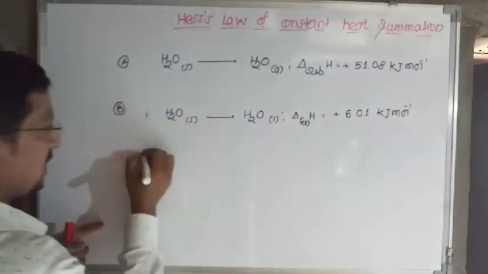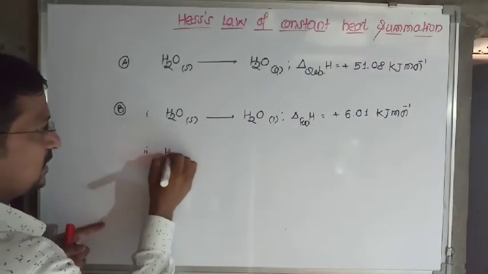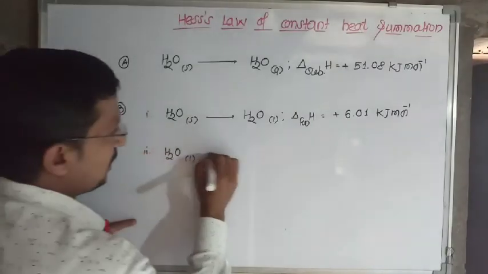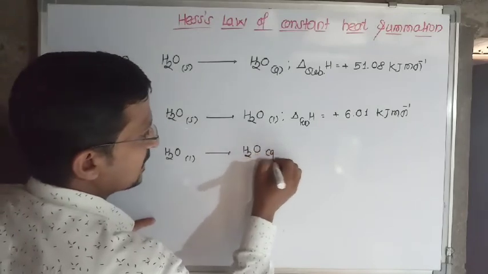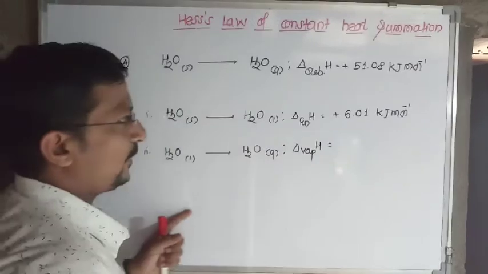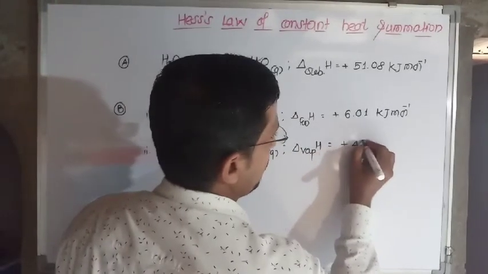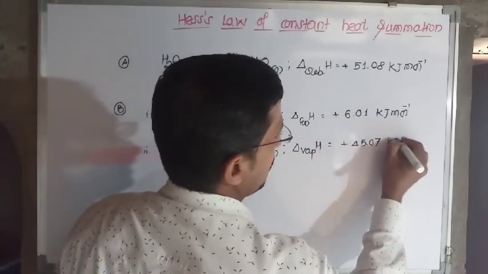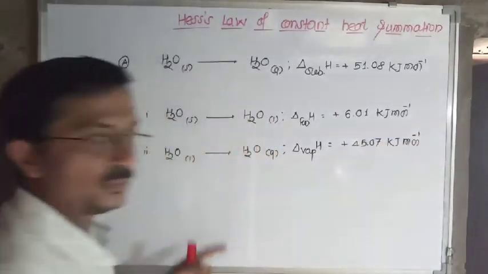In the second step, H2O liquid converts into H2O gas, and this process is called enthalpy of vaporization, delta vap H, with a value of plus 45.07 kilojoule per mole, isn't it?